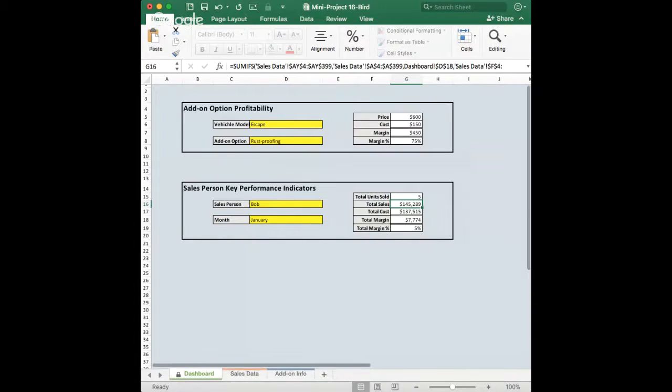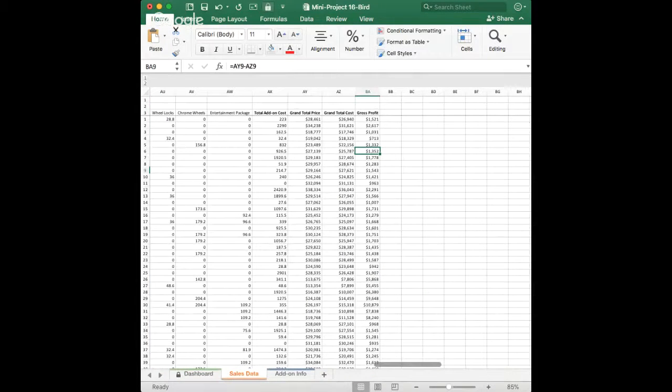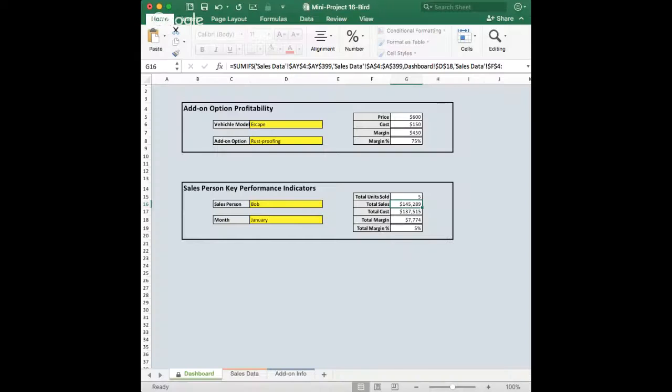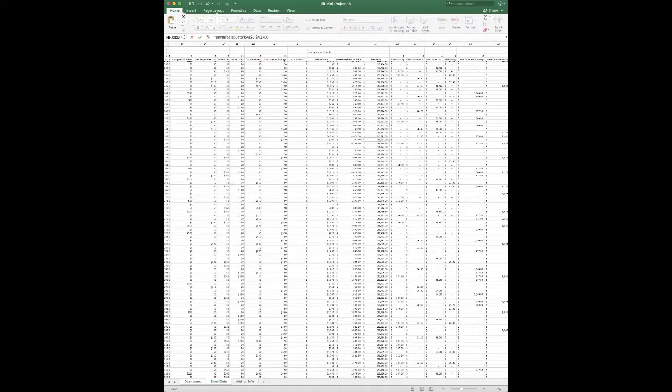That's on the sales data. Yep, grand total price. Yeah. Awesome. I was like, there's nothing else that makes sense other than that.